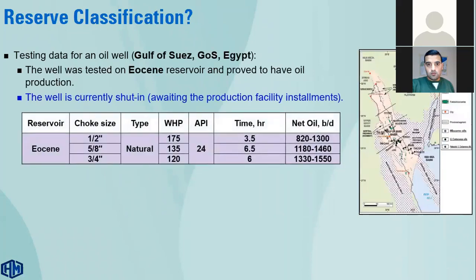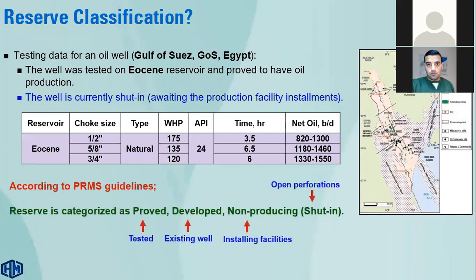This is a field example for reserve classification. We have testing data for this well in the Gulf of Suez, Egypt, and this is the testing data in Ocean Reservoir. This well is currently shut in because we are waiting for the production facility installation. Therefore, according to PRMS guidelines, this result is classified as proved, because we have an actual formation test.